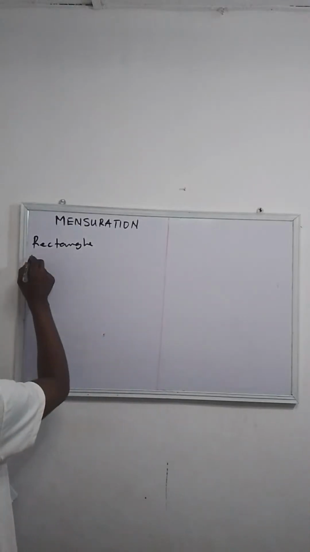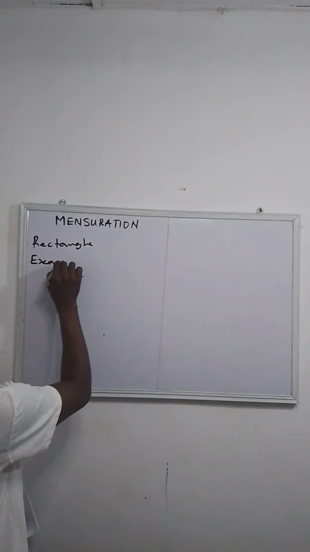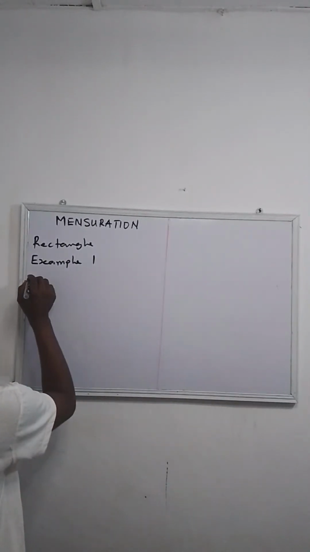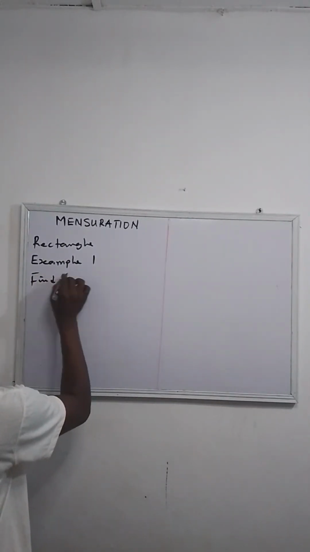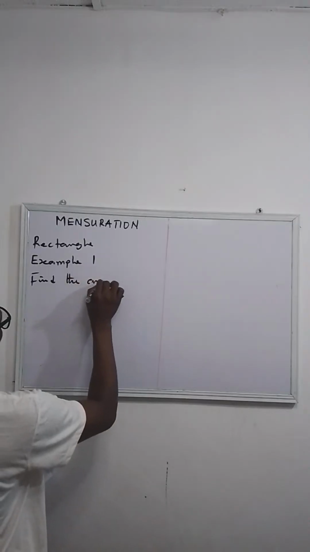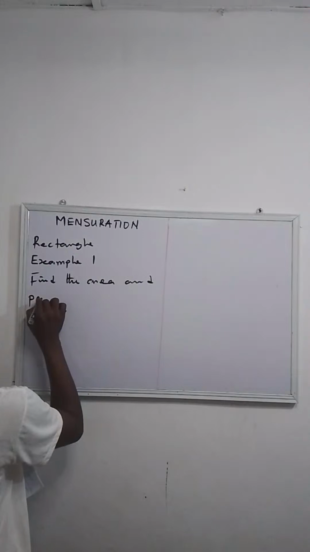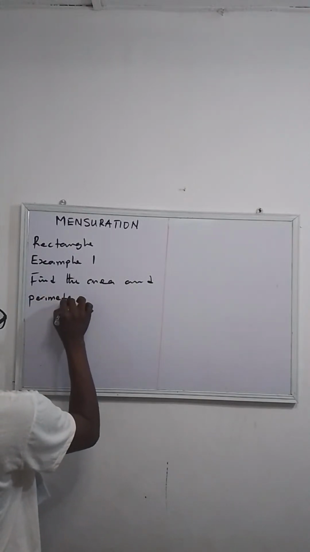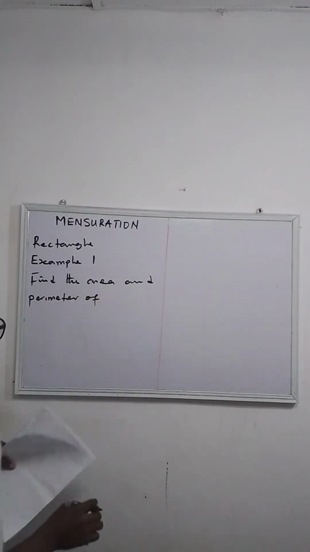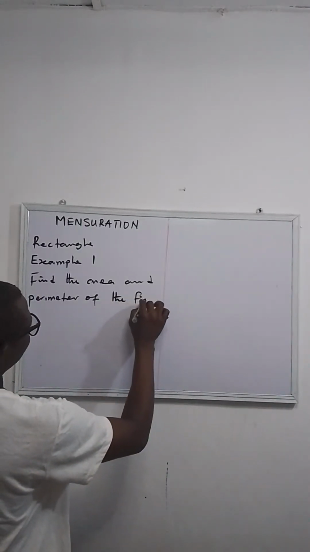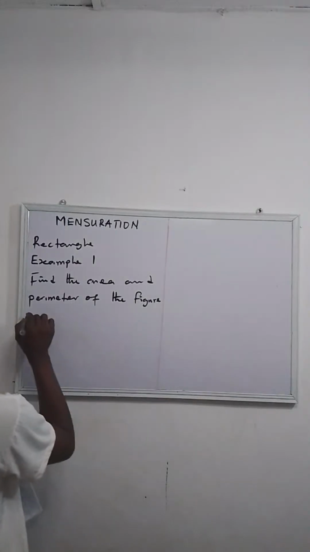Example 1. Find the area and the perimeter of the figure below.